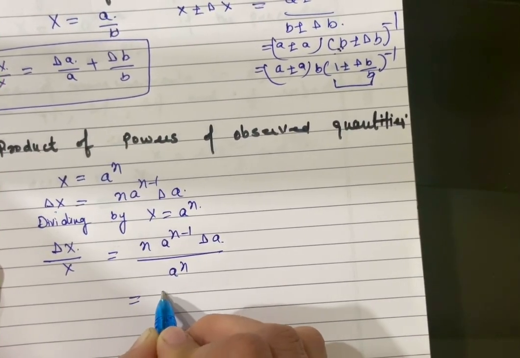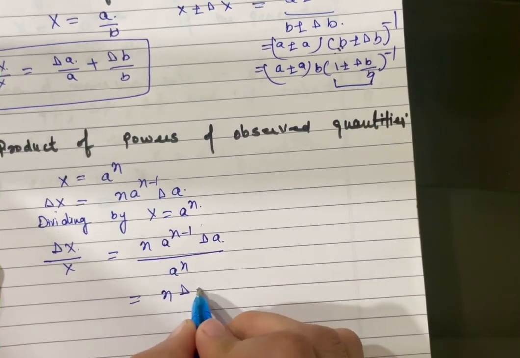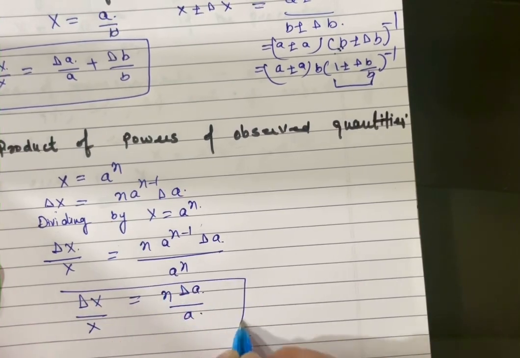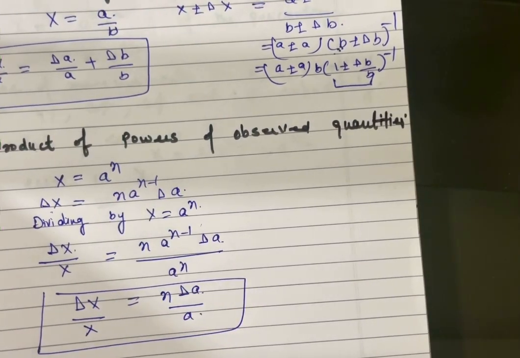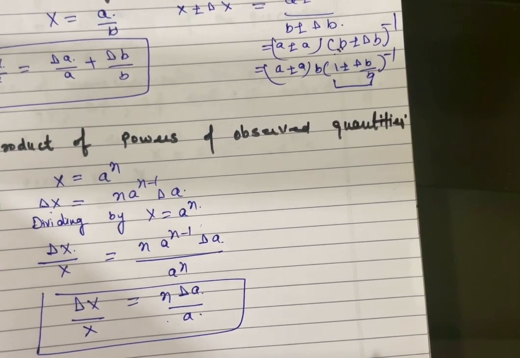What we get? N, hanji, minus n goes, and we get n delta a over a equals delta x over x. So for powers we can say that the relative error in a raised to power n is n times the relative error in a.